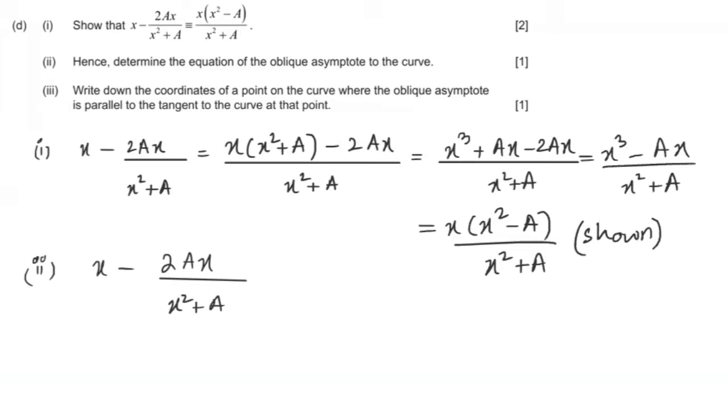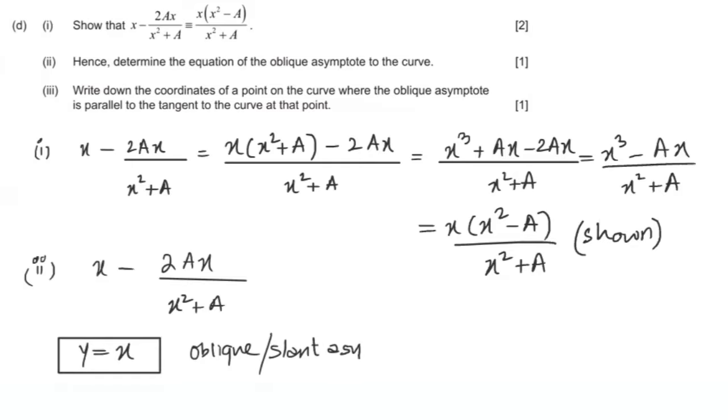But I have a variable here, x. This thing over here is the equation of the oblique asymptote. So you can write y equals x. That is my oblique or the slant asymptote, right?